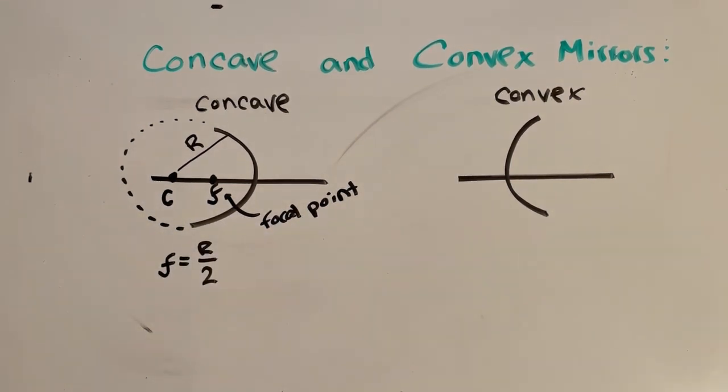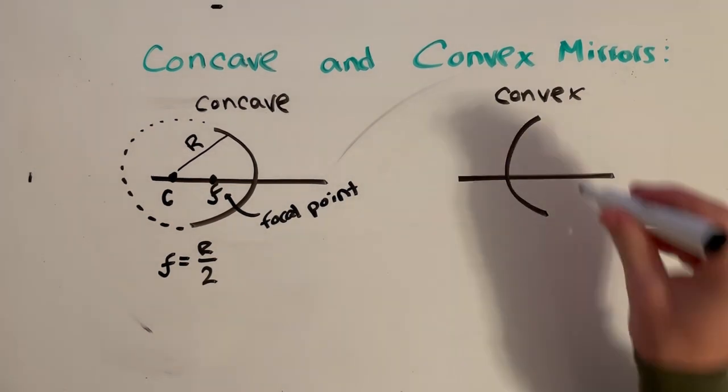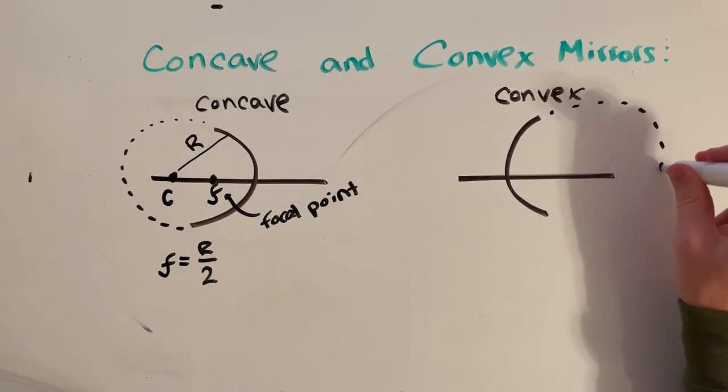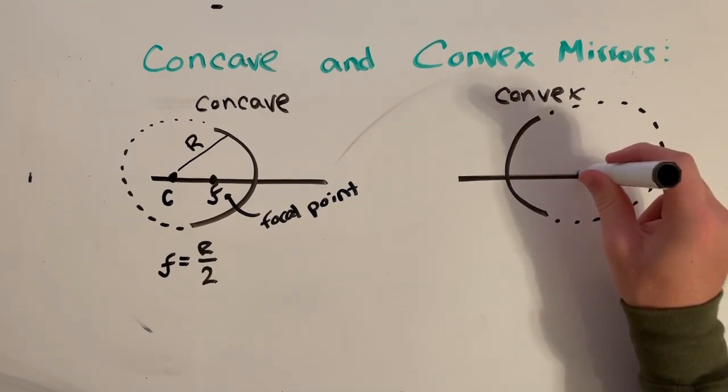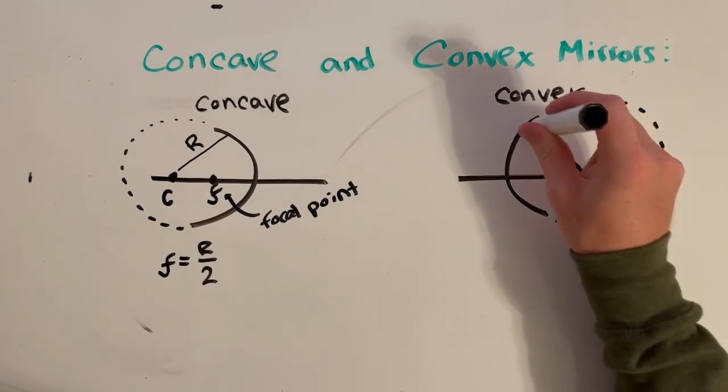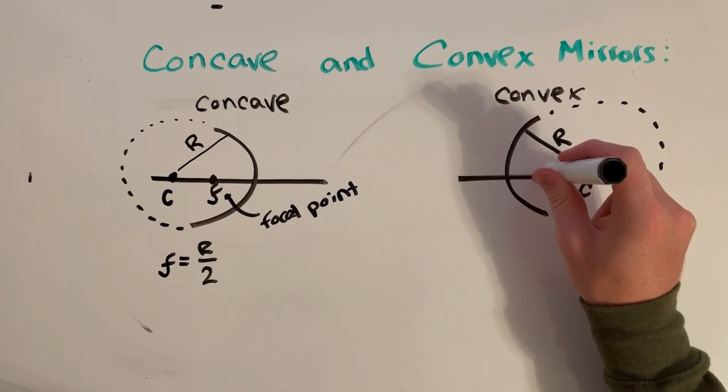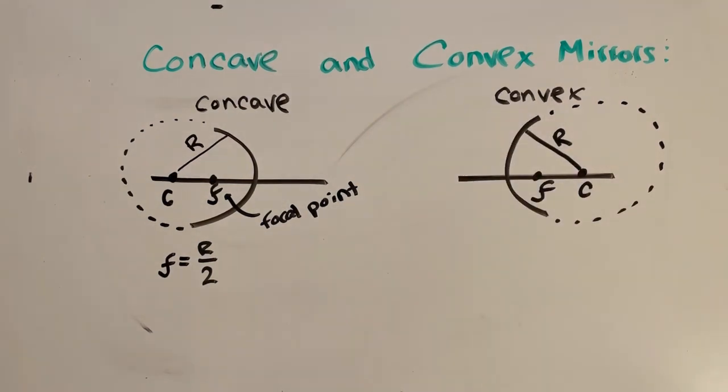So in a problem, if we're given the radius of the mirror, we can figure out where the focal point is. For our convex mirror, it's the same case. We can envision this as a circle that goes all the way around. Our center point would be here. This distance is the radius, and our focal point would just be half of that.